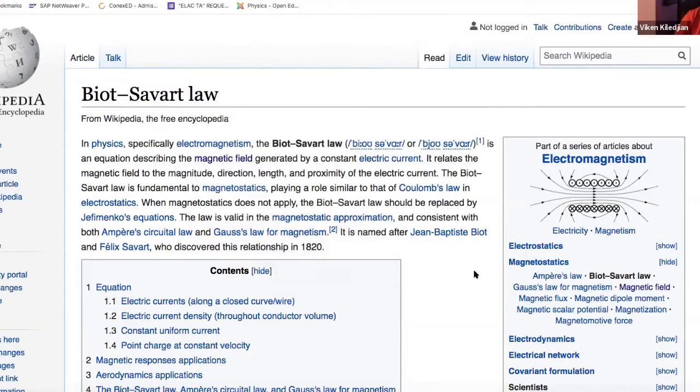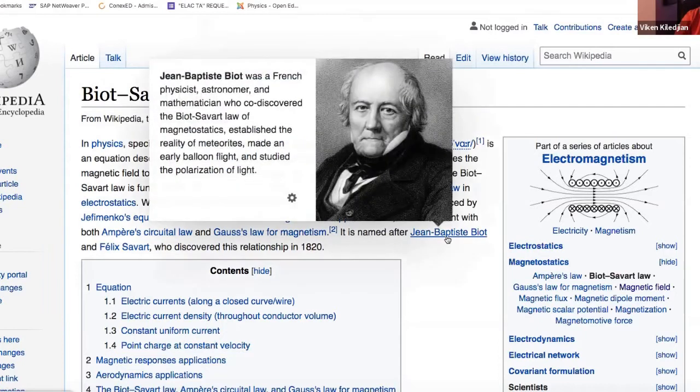It is named after Jean-Baptiste Biot, a French physicist, astronomer and mathematician who discovered the Biot Savart law of magnetostatics, established the reality of meteorites, made an early balloon flight, and studied the polarization of light.